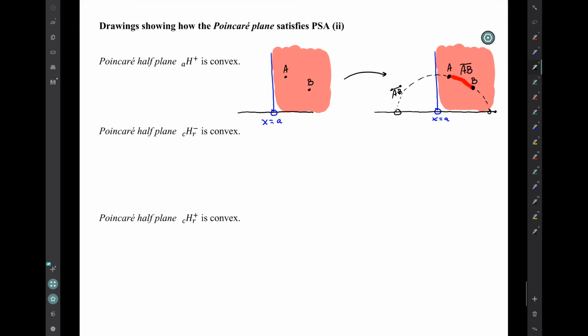Now I'll make a drawing that illustrates how this Poincaré type 2 half-plane is convex. So again, I'll make 2 drawings.